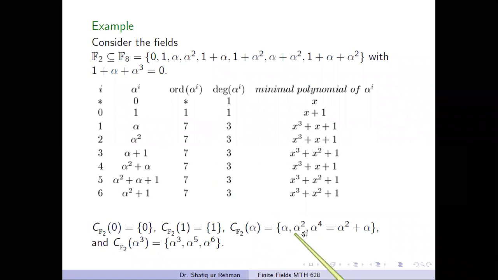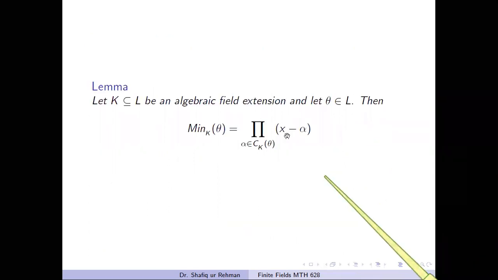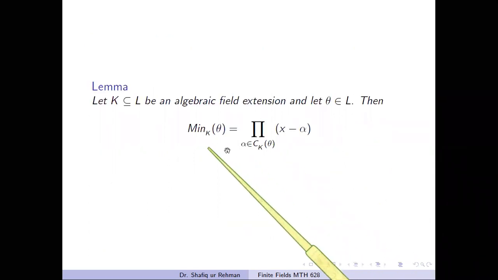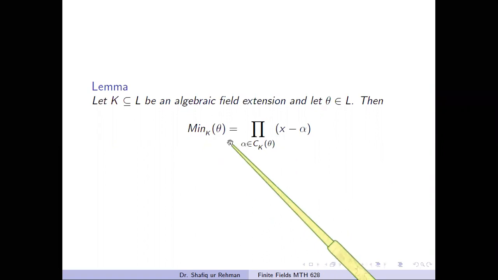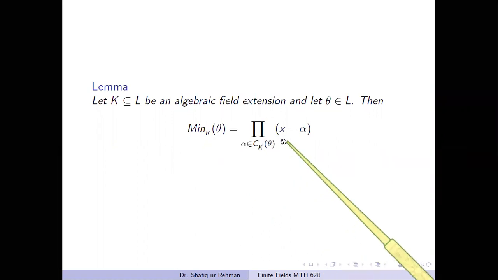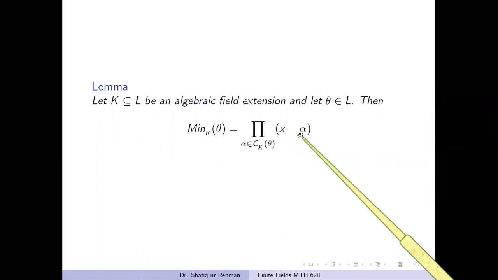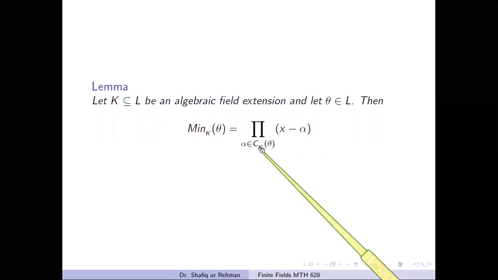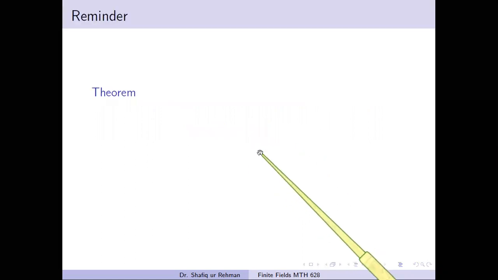Similarly, here we can also take x minus alpha square and x minus alpha 4, multiply and use this relation, and after simplification we will get this minimal polynomial. So in general, we have this lemma: the minimal polynomial can be obtained by taking a product of all the linear factors in any set of conjugates of theta.